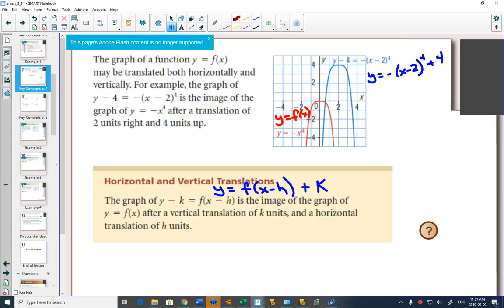So if I wanted to write the blue one in function notation, I would write, well, 2 to the right happens inside the function. So in function notation, I would say f of x minus 2. That's inside the function. And then up 4 happens outside of the function. That would be plus 4.